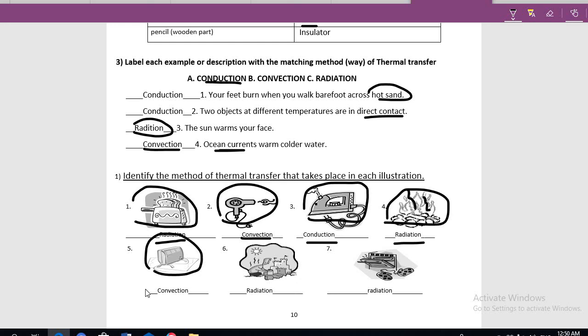An air conditioner emits air, so this type is called convection. The sun emits waves, radiation. An oven emits waves, so radiation.